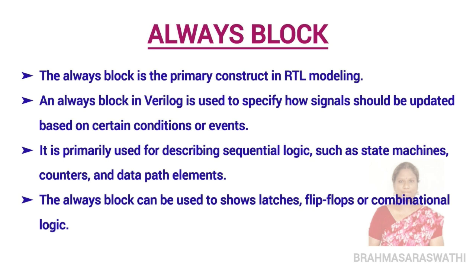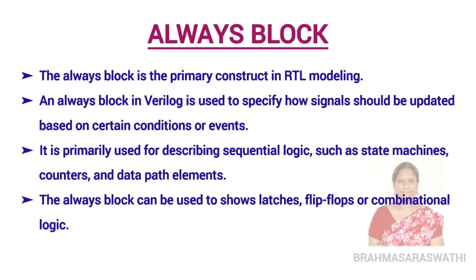The second point is an always block in Verilog is used to specify how signals should be updated based on certain conditions or events. This means the always block tells how it will behave in certain conditions or events. The third point is it is primarily used for describing sequential logic such as state machines, counters and data path elements.